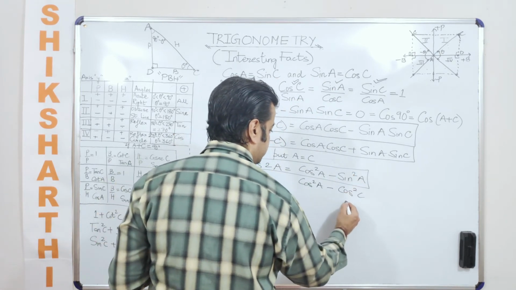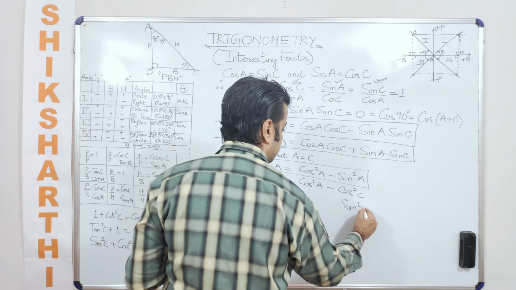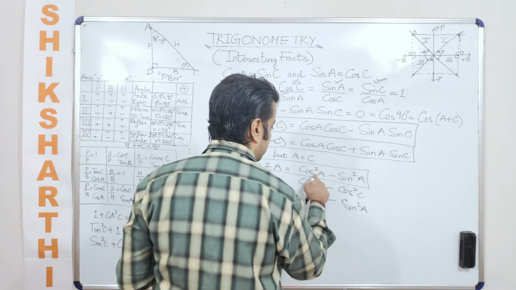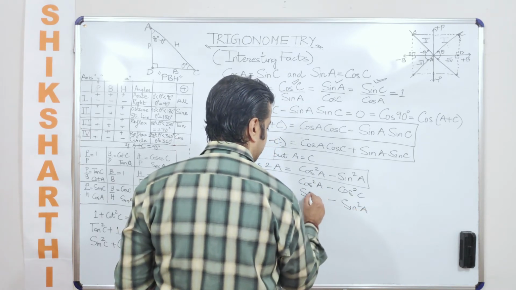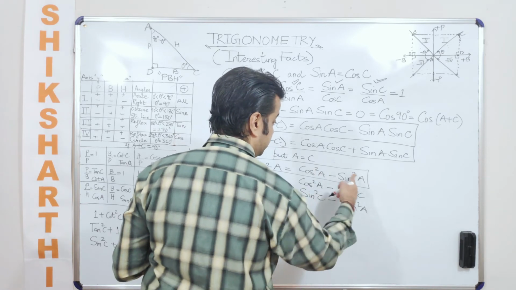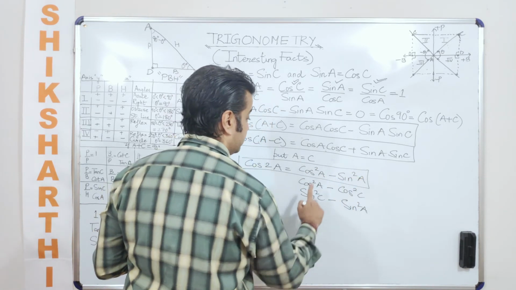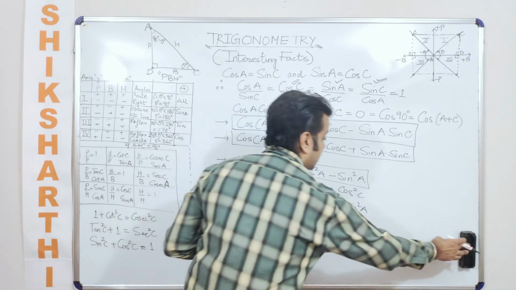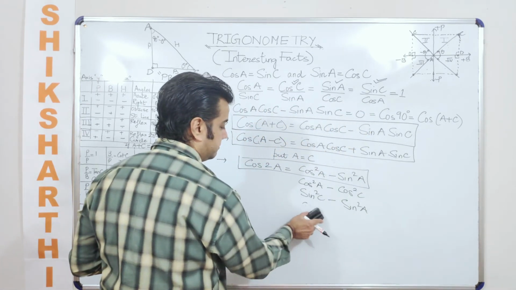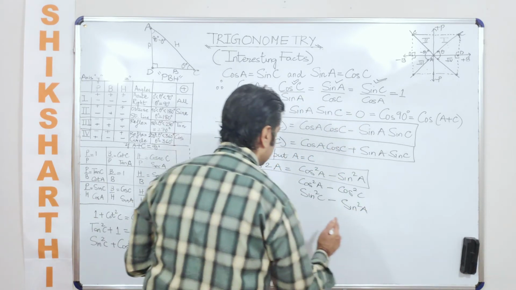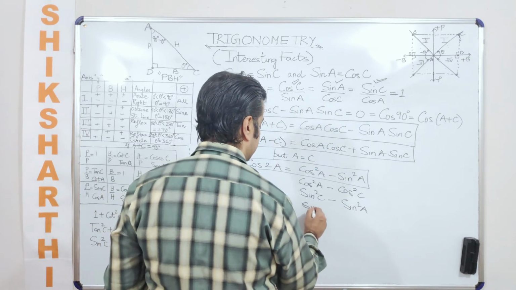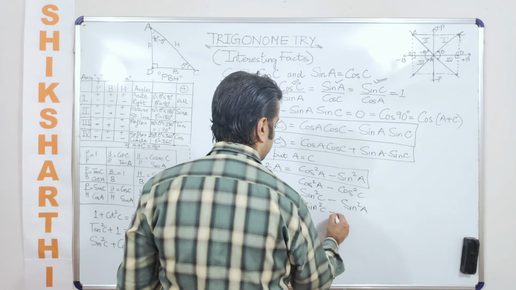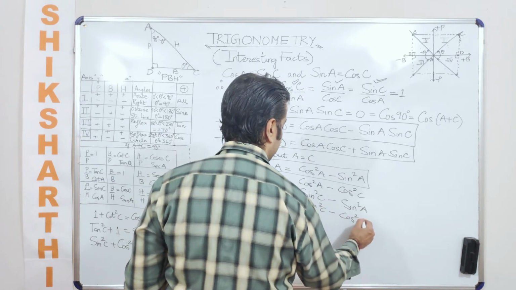If I keep this as constant, I know this is sine C, so this becomes sine square C. And if I change both of them, so when I change both of them, I get something like, let's say cos A is how much? Sine C. So can I write it as, this is nothing but sine square C minus cos square C.